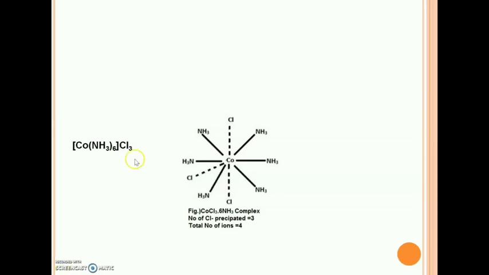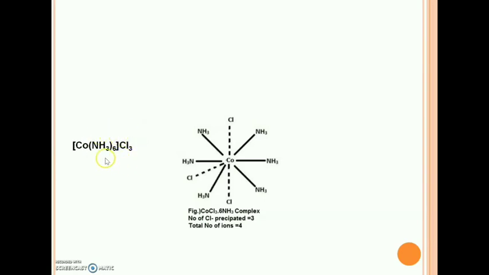From Werner's theory, it is understood that the primary valencies are ionizable. The primary valency here is 3 chloride ions, and these are ionizable. This can be explained by an experiment.